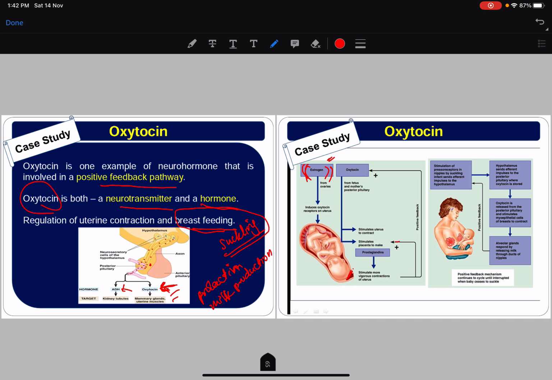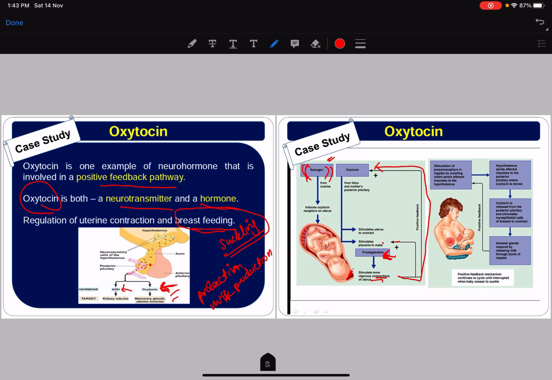It will stimulate the placenta to make prostaglandin. When prostaglandin is high in concentration, it will stimulate contraction of the uterus. Once the uterus starts to contract, it will send a signal to the posterior pituitary.